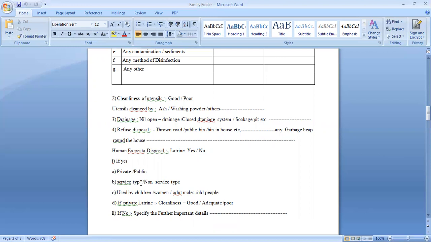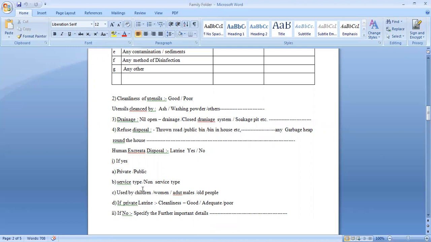fecal material. At most places these are now obsolete, but they may be present in some rural areas or in some very low type of families, families of low socioeconomic status.